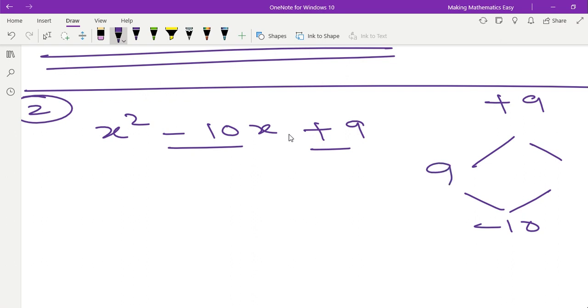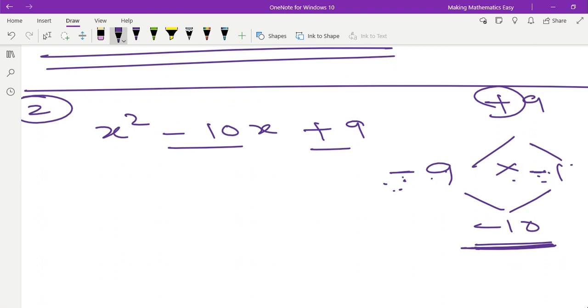So let us take 9 ones are 9, 9 plus 1 is 10. So this is okay. Now what I told next is this sign will always go to the bigger number, that is minus 9. If you want plus over here, and you have to do multiplication, minus will become plus. So this will be minus and this will also be minus.